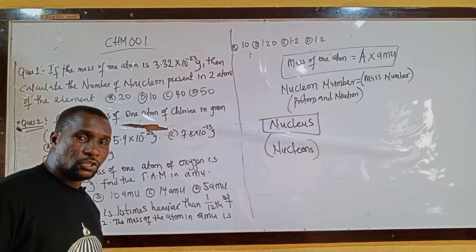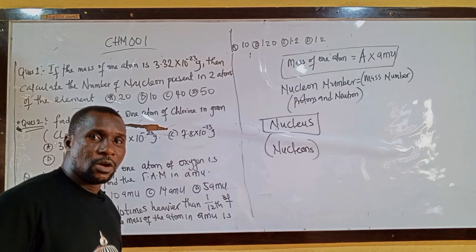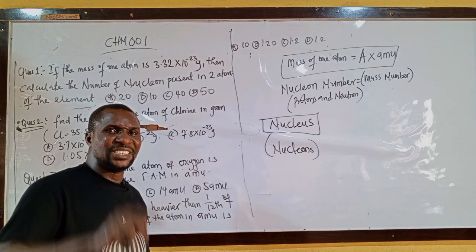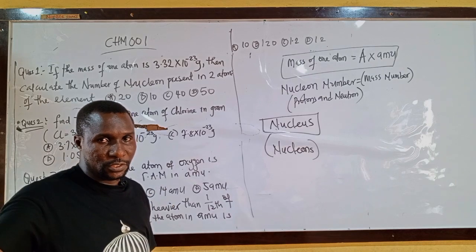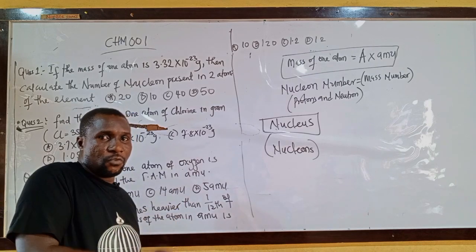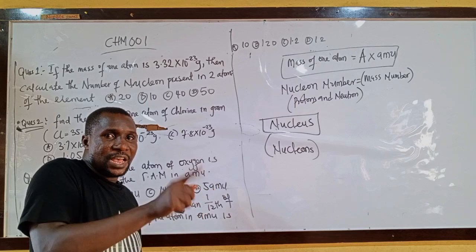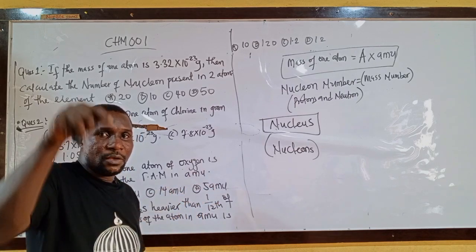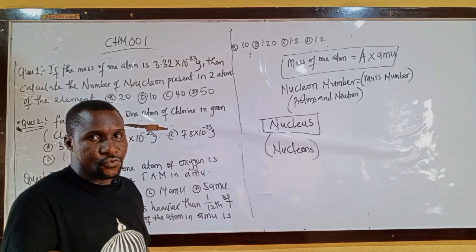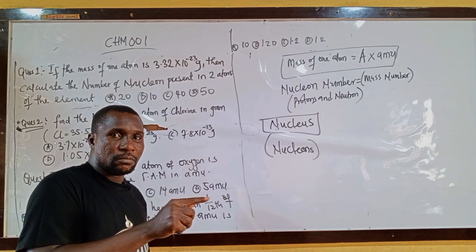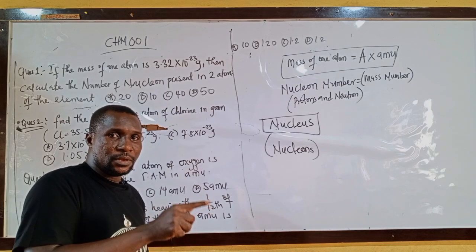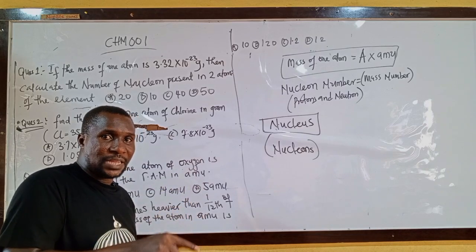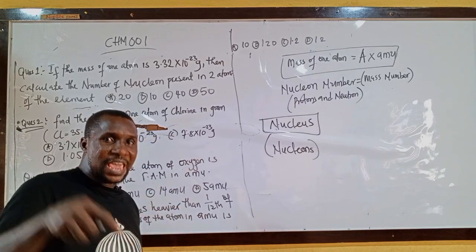For example, one atom of oxygen has a relative atomic mass of 16 atomic mass units, one atom of nitrogen is 14 AMU, and one atom of carbon is 12 AMU.